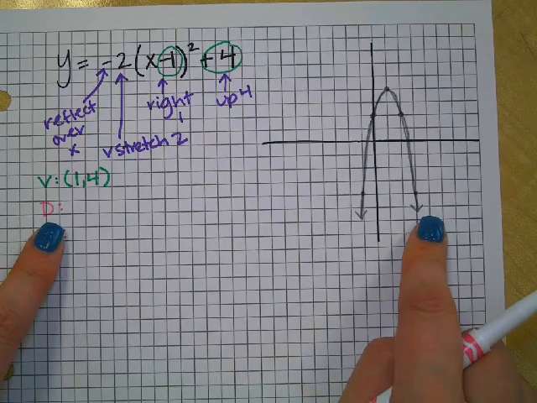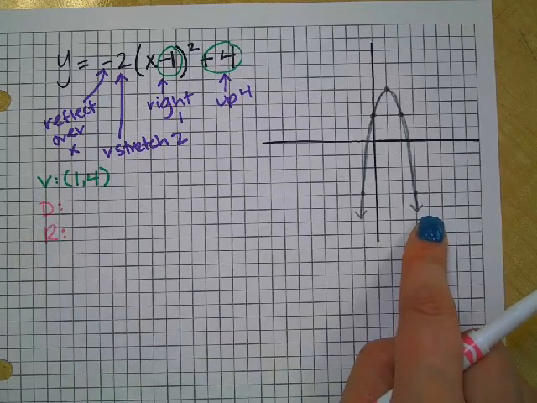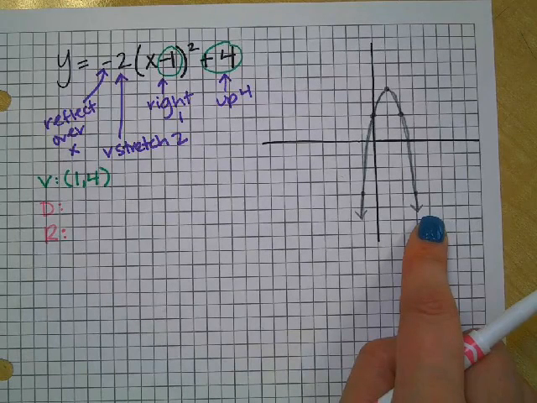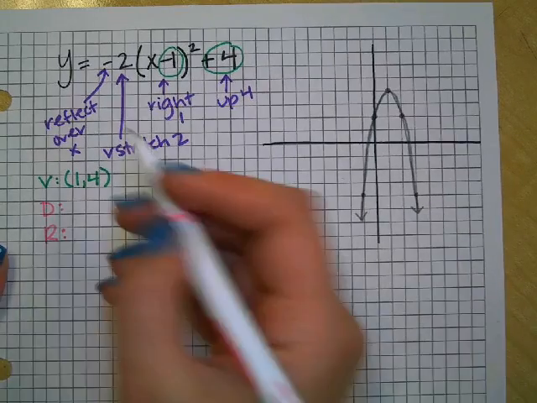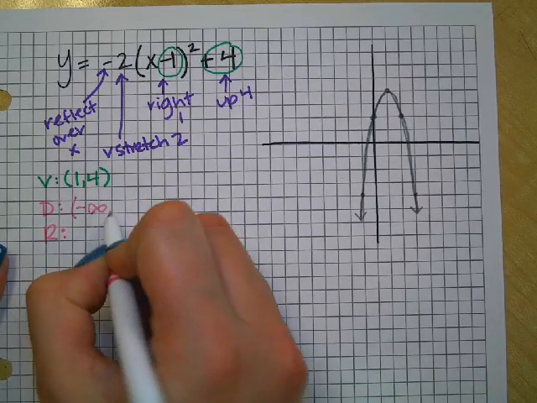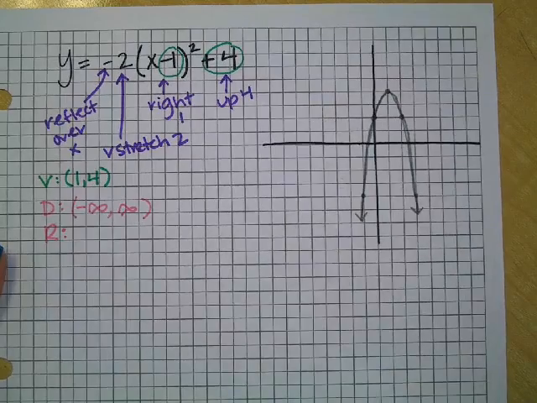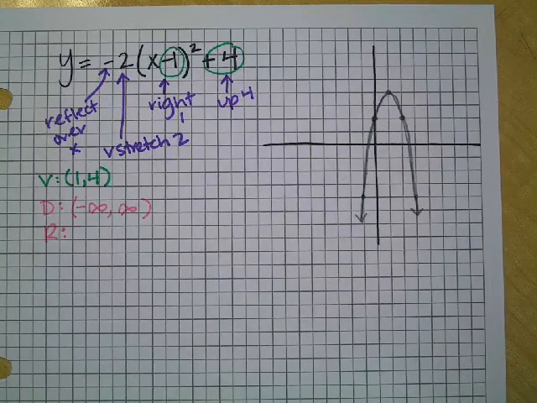If you ever ask me if there's a number that I can't square, the answer is no. You can take any number you want and multiply it by itself. Negative 5 can be multiplied by itself. 3.12 can be multiplied by itself. Pi can be multiplied by itself. Every number can. So for our domain, we're going to say negative infinity to positive infinity, and that is going to be the answer every single time.